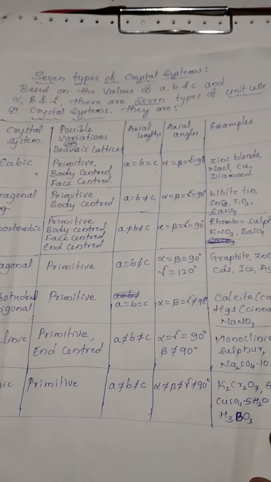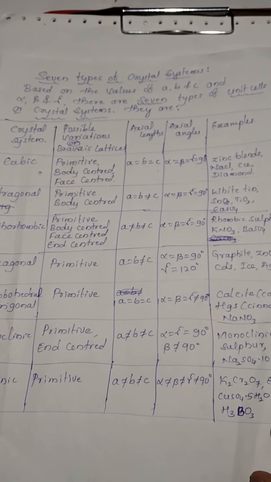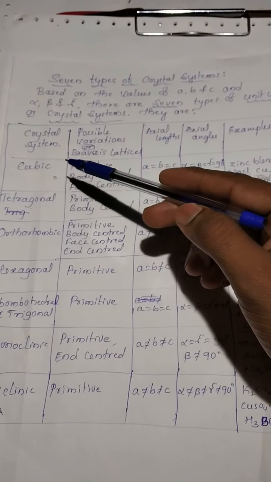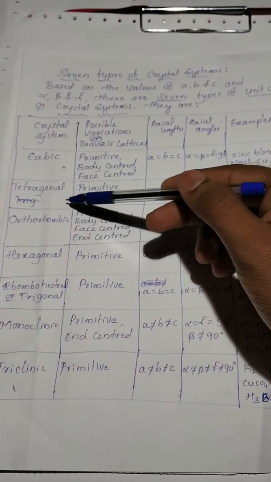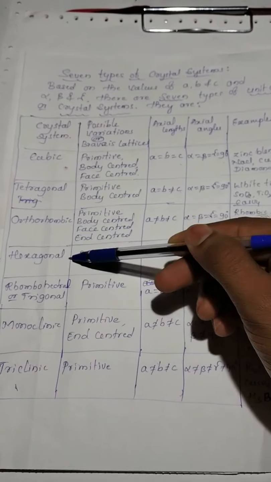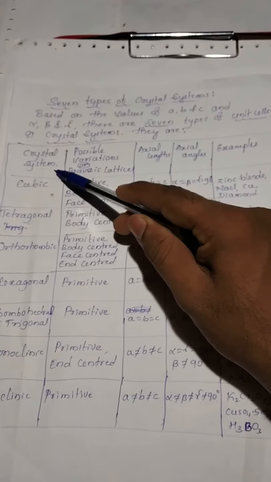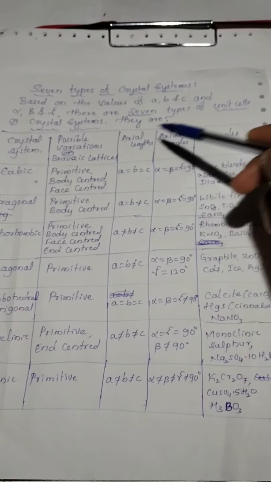There are 7 types of unit cells or crystal systems. They are cubic, tetragonal, orthorhombic, hexagonal, rhombohedral, monoclinic and triclinic. These 7 are the crystal systems. See here, crystal system, possible variations are Bravais lattices, axial length, axial angle.